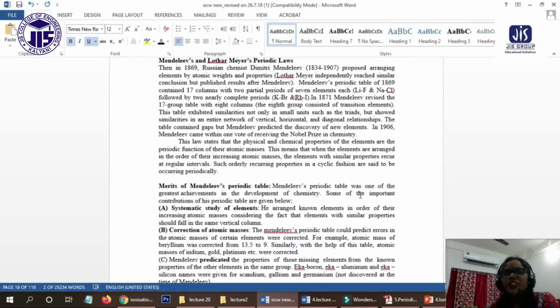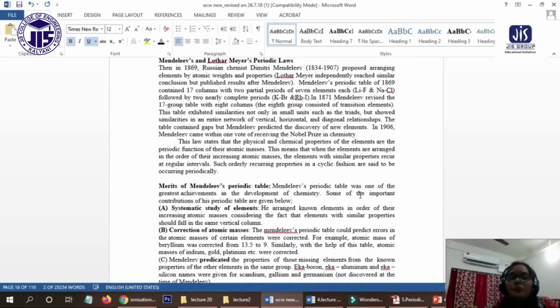The objective of today's class is that we will see what Mendeleev's and Lothar Meyer's periodic laws are, what the merits and demerits of their periodic table are, what the modern periodic table is, what the size effects are, and what the trend of size is along the groups and along the periods. Okay, now start the class.